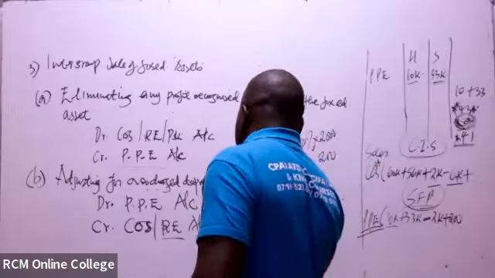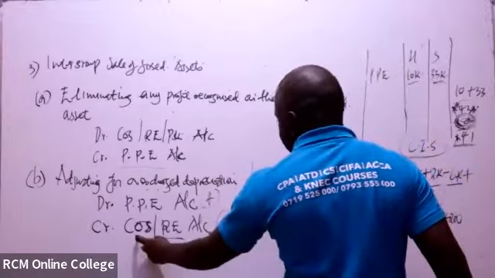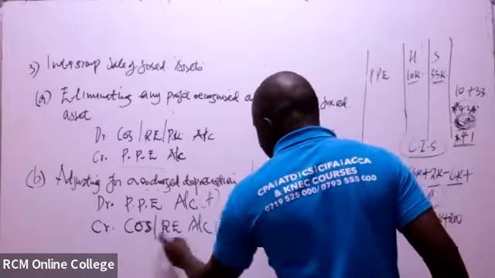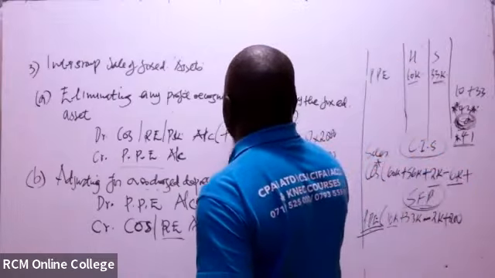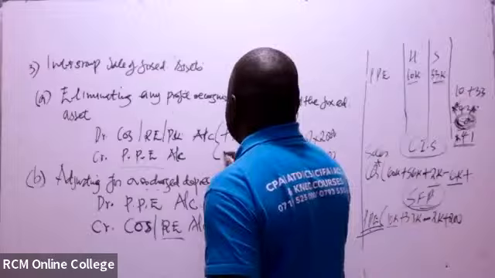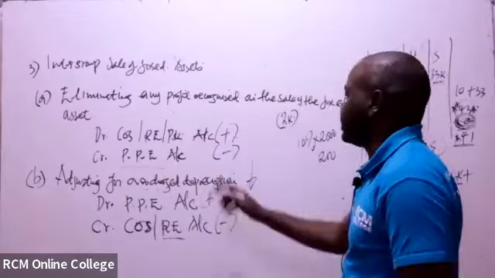This one will be minusing. When you credit the cost of sale account, which is an expense account, it means you are reducing it. This one means you are adding, you can put positive. This one means we are deducting from the property, plant and equipment account.